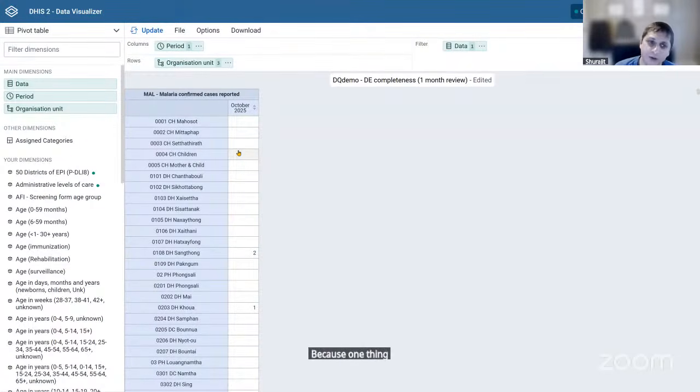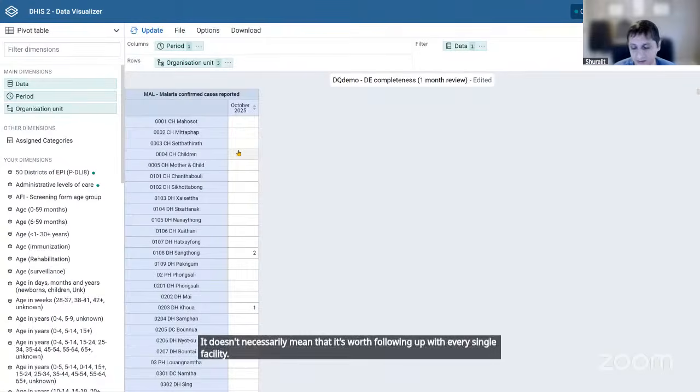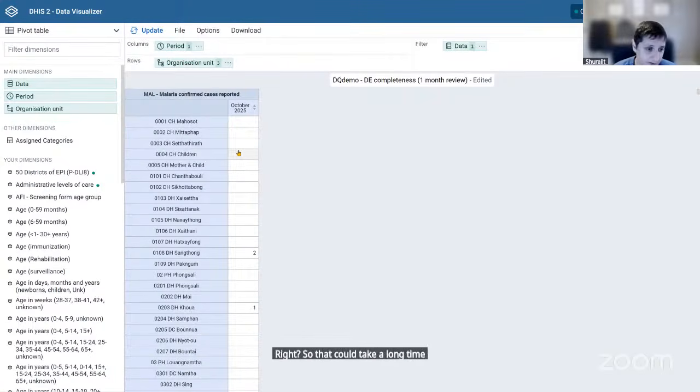Because one thing we don't want to do, if there's not a lot of data submitted, it doesn't necessarily mean that it's worth following up with every single facility, right? That could take a long time depending on where you're working. Even if you're in a district, you might have 10, 12, 15 facilities. It could be cumbersome to follow up with all those facilities, especially if you don't need to.